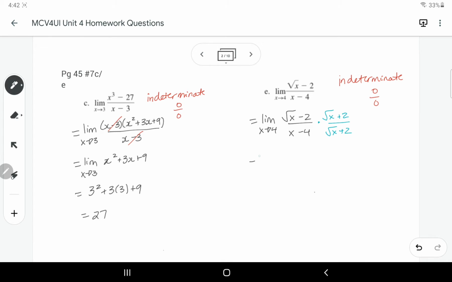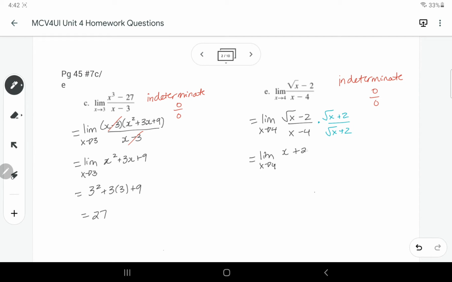So in the numerator, keeping your limit notation, limit as x approaches 4, basically this is like a difference of squares. So when we FOIL this out, I'm going to show this step, but you definitely don't have to, especially once you get confident with it. Root x times root x is just x.